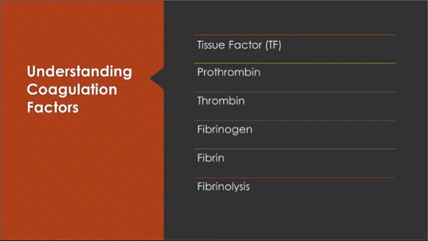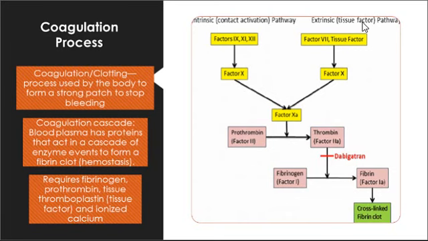So the clotting factors that are in there, I'm just going to go over exactly what they are. Your tissue factor is a protein found on the surface of some body cells. And then you have your prothrombin right here, factor 2.